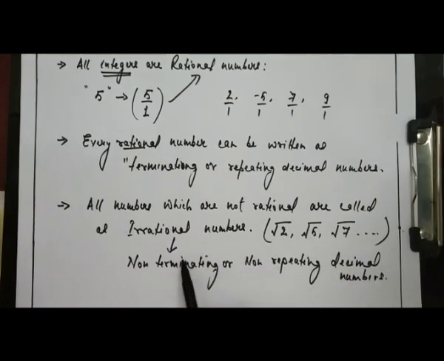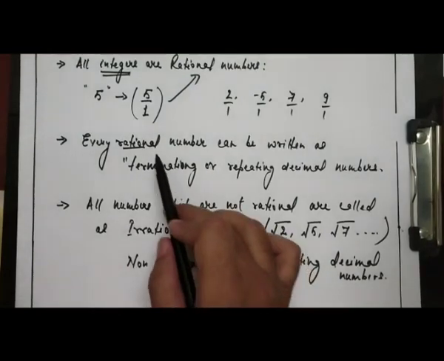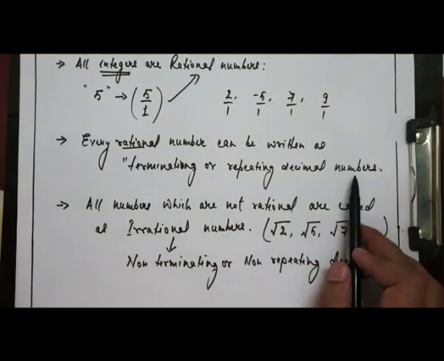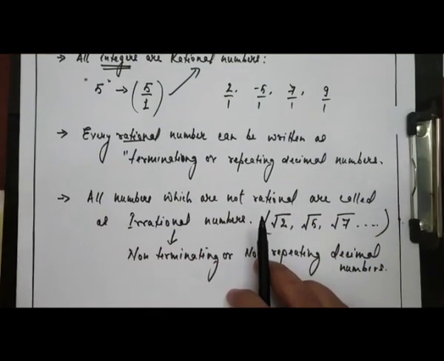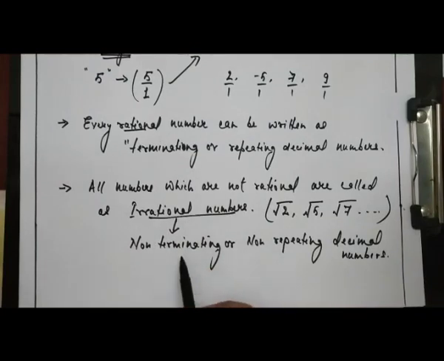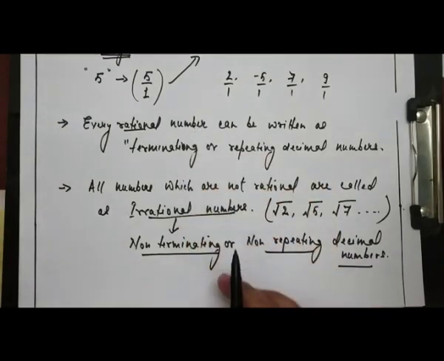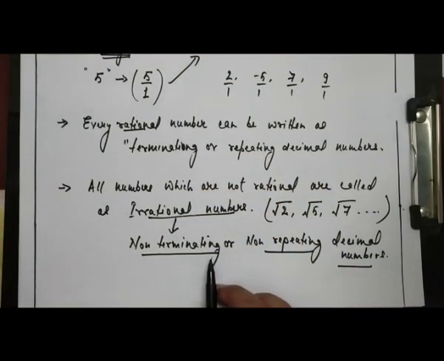They all are irrational numbers. The basic difference is that rational numbers are terminating or repeating decimals, but irrational numbers are non-terminating and non-repeating decimal numbers. It's very important. Just learn this concept.